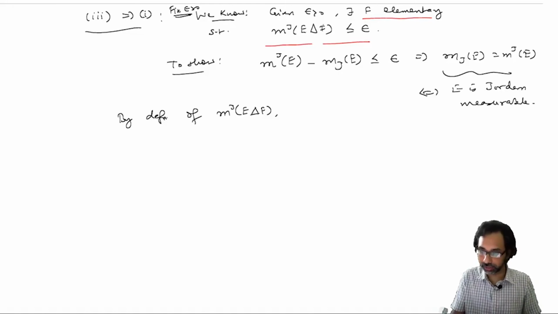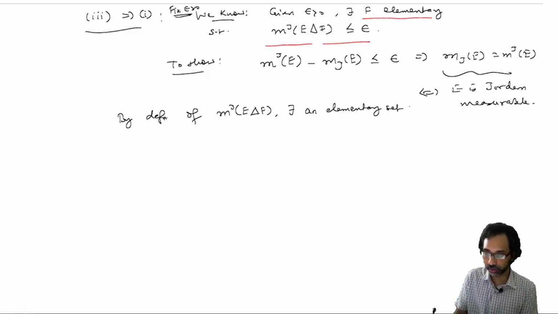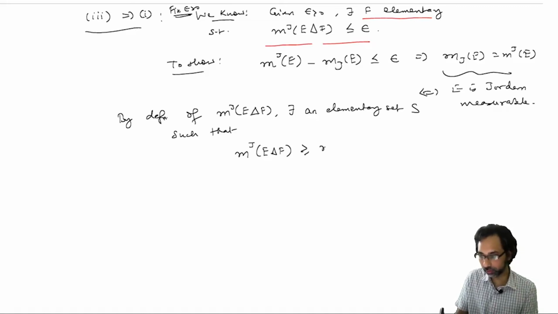So once epsilon is fixed, we choose our elementary set F, and then we can say that by the definition of the outer Jordan measure, there exists an elementary set, let us call it S, such that the outer Jordan measure is greater than or equal to the measure of S minus epsilon over 2.